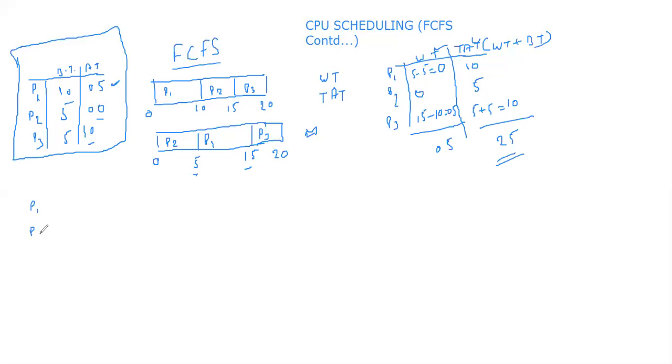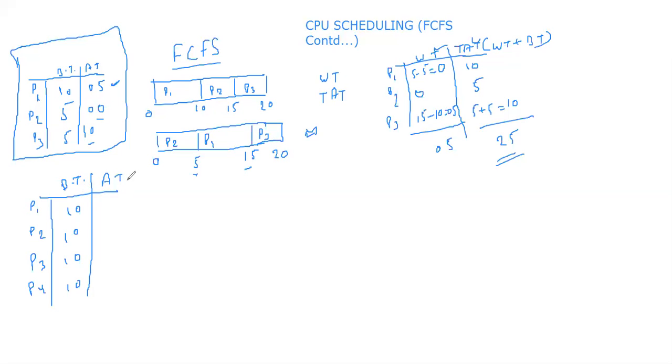Suppose I have four processes, P1, P2, P3, and P4. Suppose all are having the same burst time. Please don't get confused: different processes can have the same burst time, so do not think that nobody can have the same burst time.